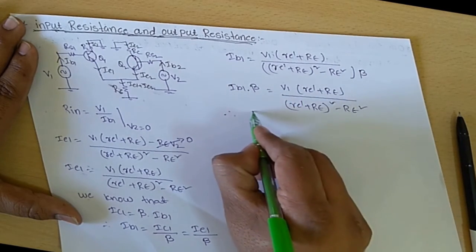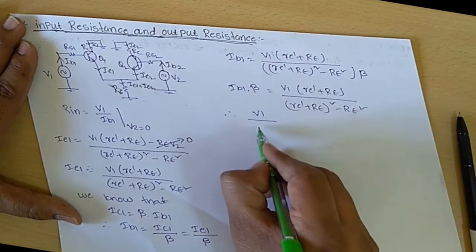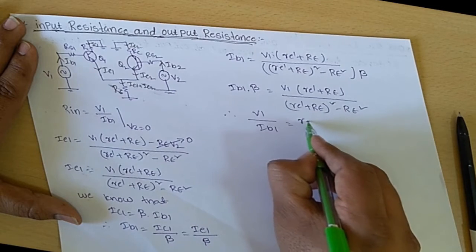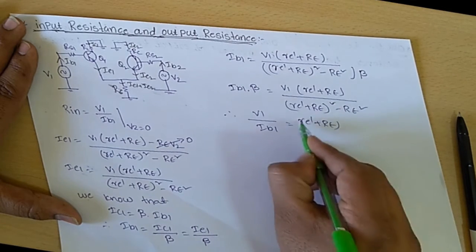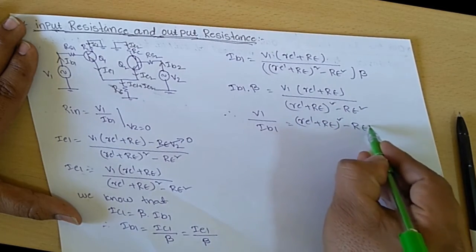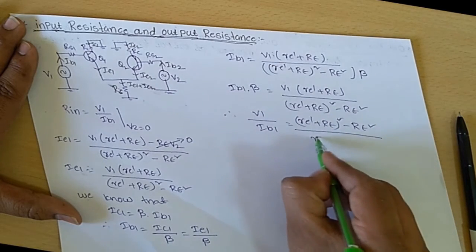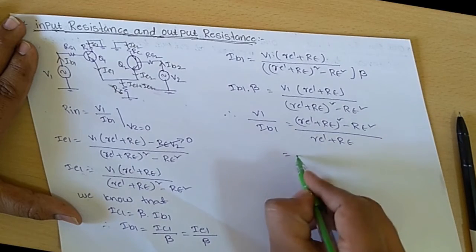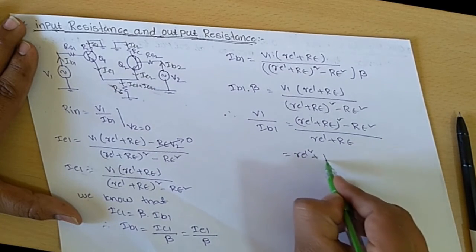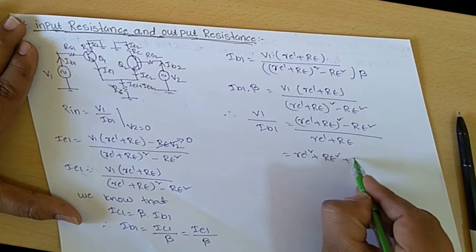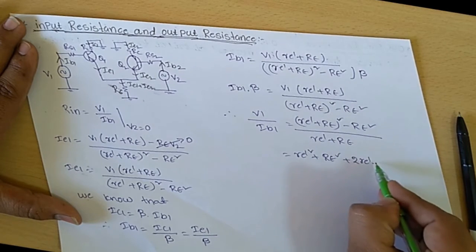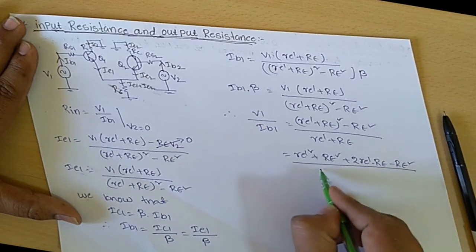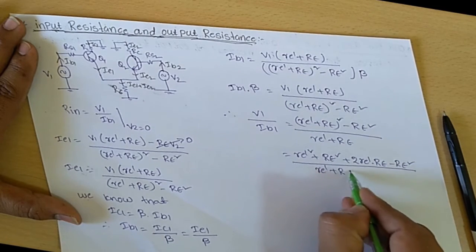Therefore here we will get V1 by IB1 equal to, so here we will get (RE dash plus RE) whole square minus RE square whole by (RE dash plus RE), that is equal to RE dash square plus RE square plus 2 into RE dash into RE minus RE square whole by (RE dash plus RE).